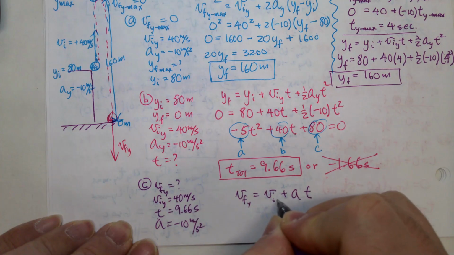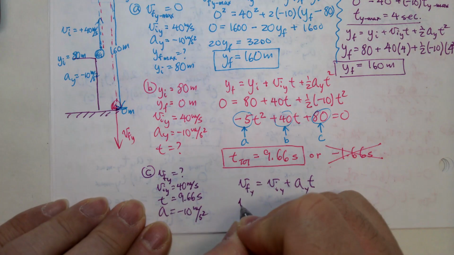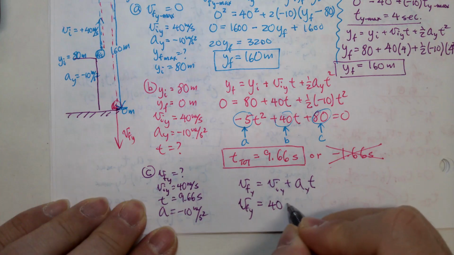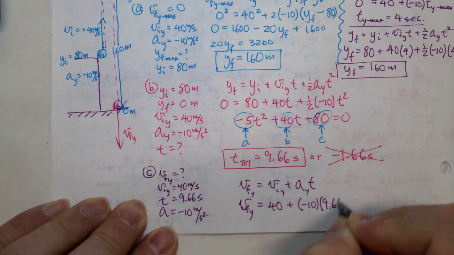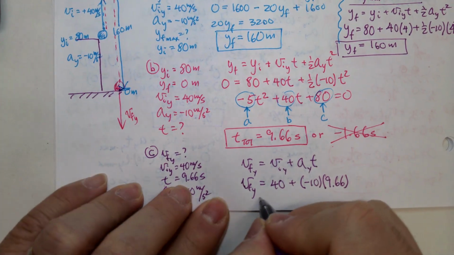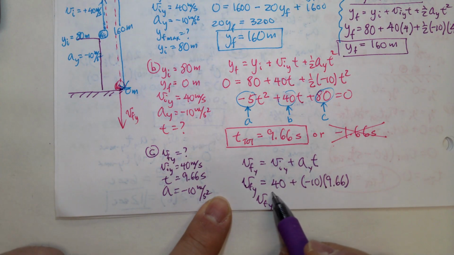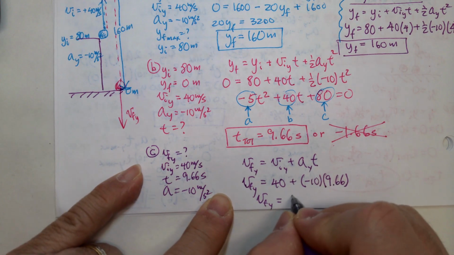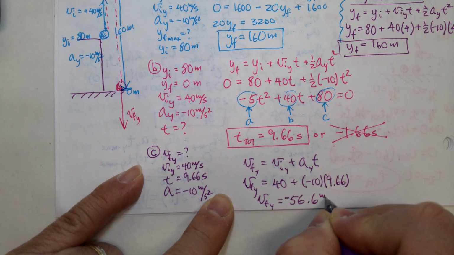If you want to put the y subscripts, you can do that. So my VFY is equal to 40 plus negative 10 times 9.66. 40 minus 96.6 should give you negative 56.6 meters per second.